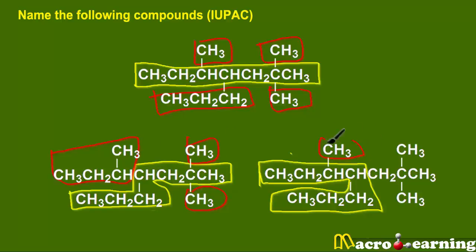This one, only 2 of them. So 4 substituents, 3 substituents, 2 substituents. So this one wins. Again, the rule is that the main chain that has the highest number of substituents or branches is the right main chain. Let me go ahead and erase this real quick.